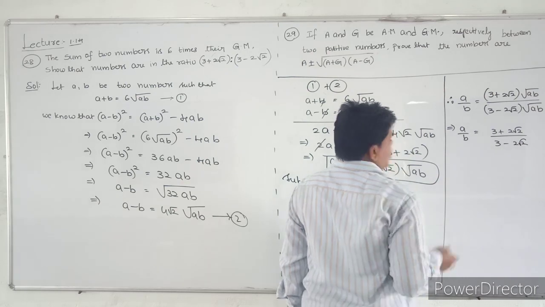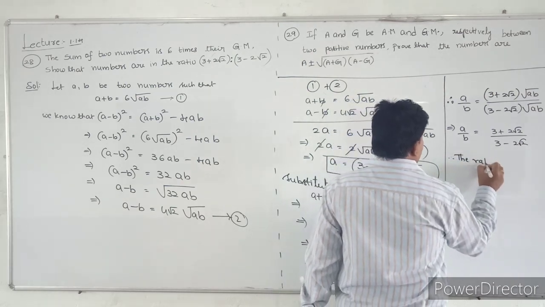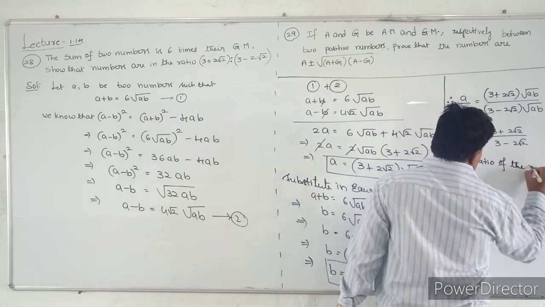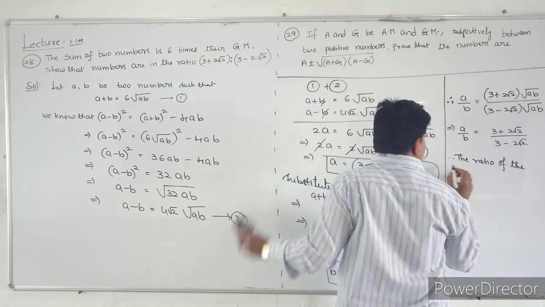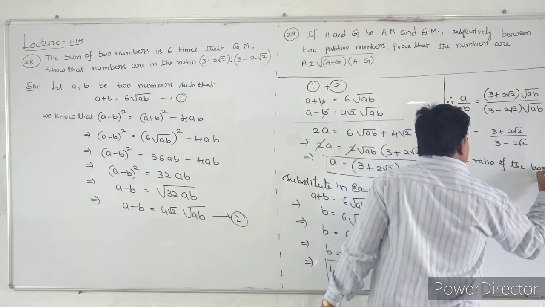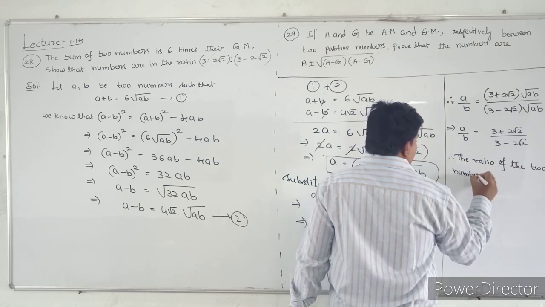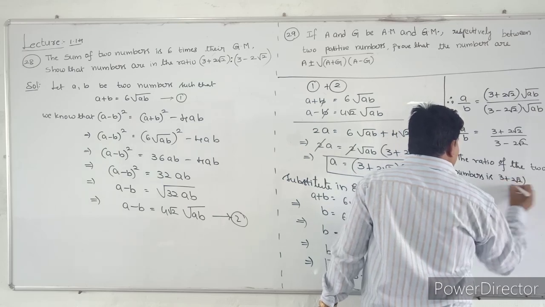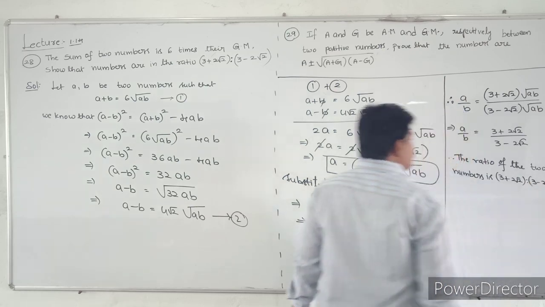So therefore the ratio of the two numbers is 3 plus 2 root 2 is to 3 minus 2 root 2.